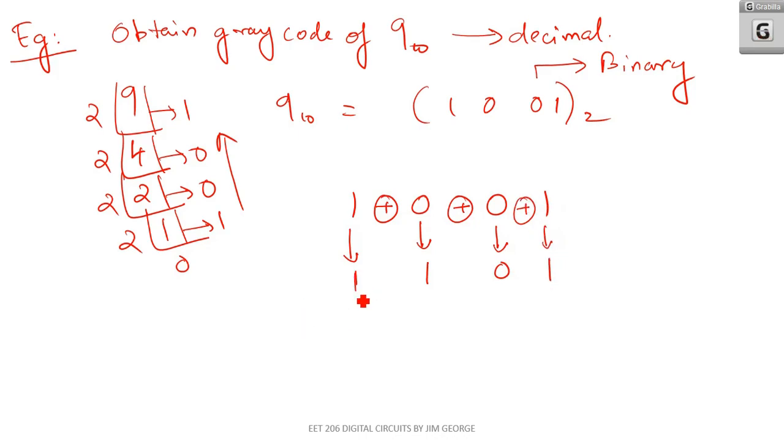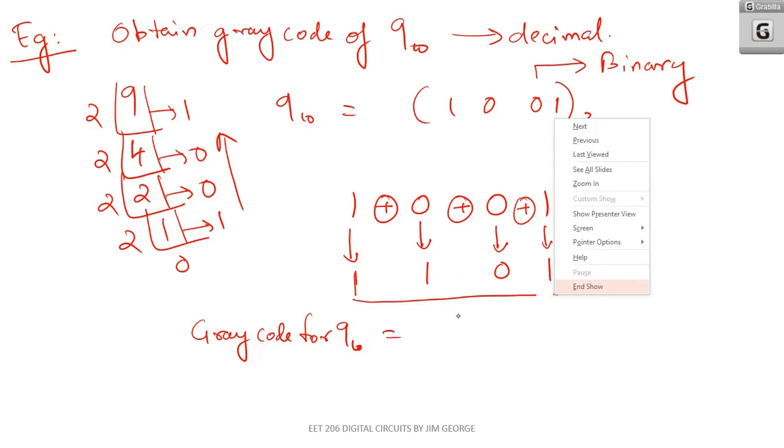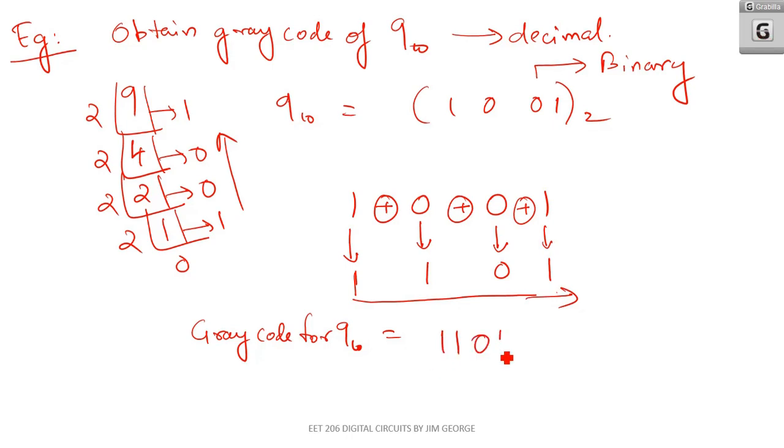That is the gray code for 9 to the base 10; you can read this from left to right. That is 1, 1, 0, 1. Okay. That is how you are generating the gray code of a binary number.